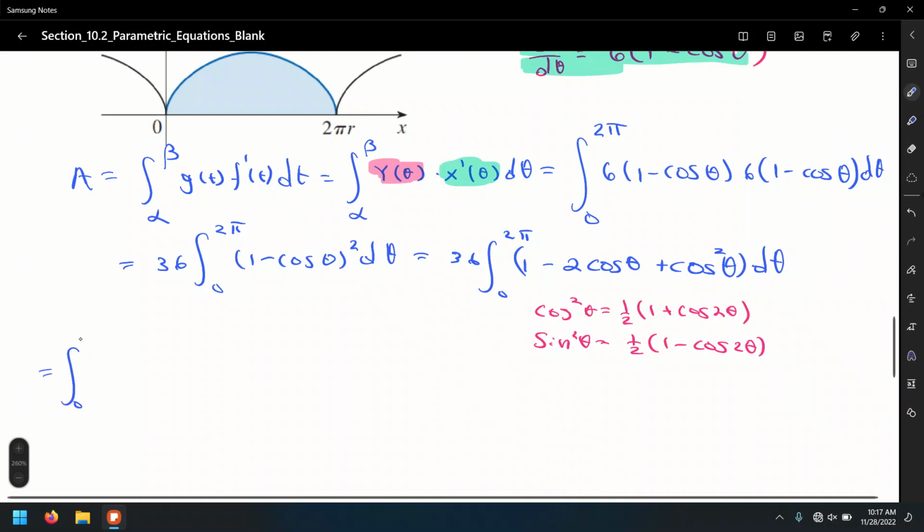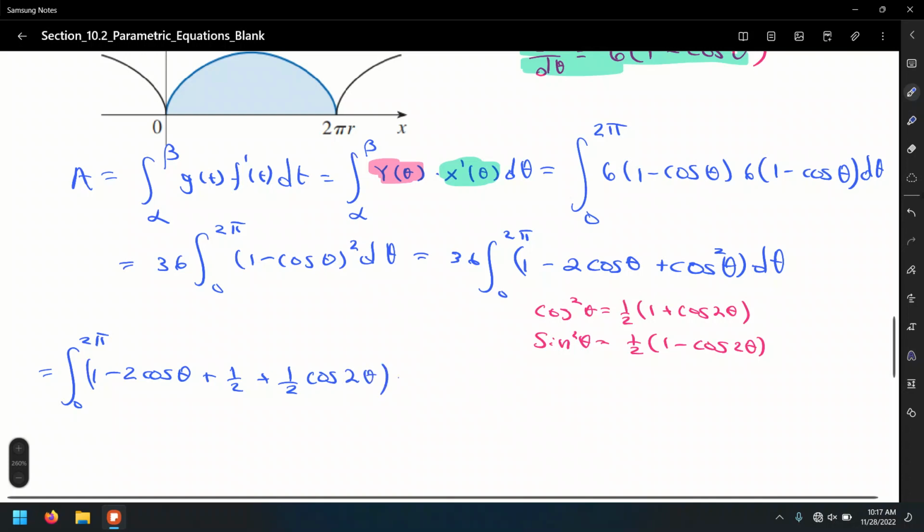That's going to be the integral from 0 to 2 pi of 1 minus 2 cosine theta plus 1/2 plus 1/2 cosine 2 theta. So I'm doing two things in one shot right here: changing the identity and, at the same time, distributing to save some time.